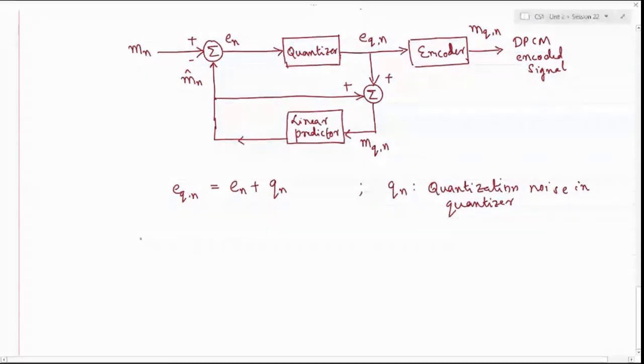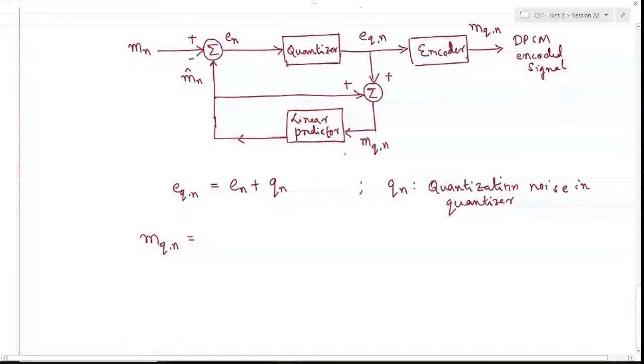And m_q,n is the part which is getting into the linear predictor block.